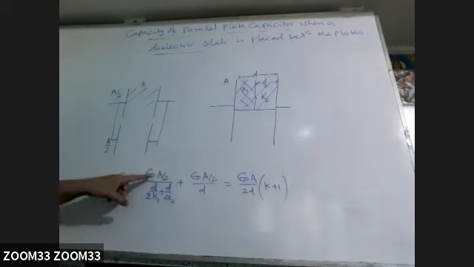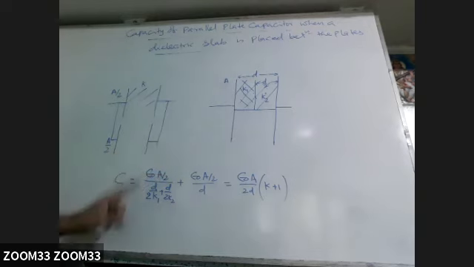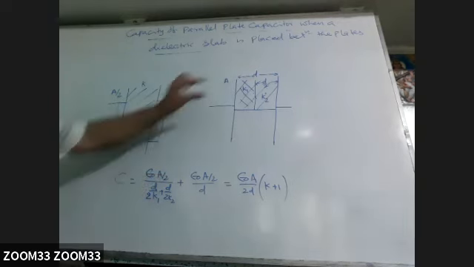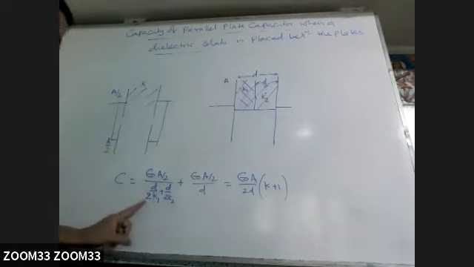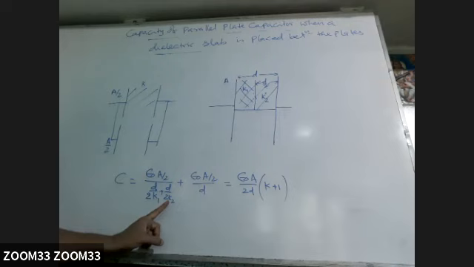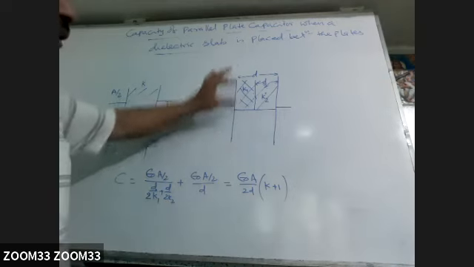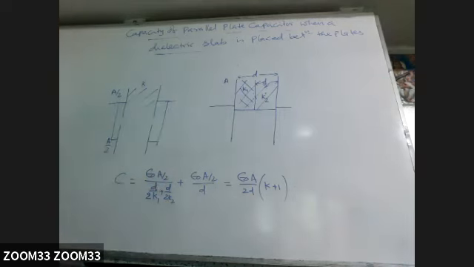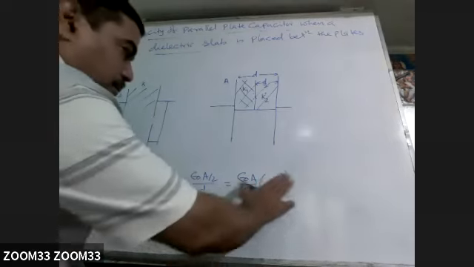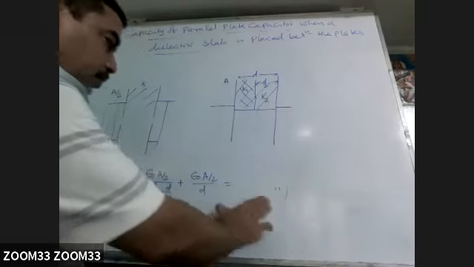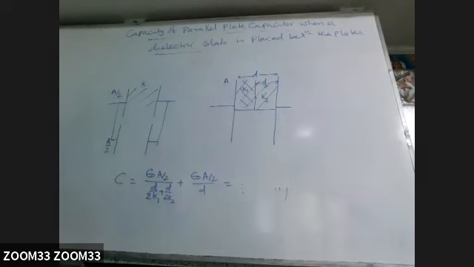So it will be epsilon naught A by 2, area is this one, and half of this one, that is d by 2, is having dielectric constant K1, the rest half is K2. Now this and this are in parallel, so we will solve that way. So this way we have to think. Sometimes it will be given this way, some other way, different.